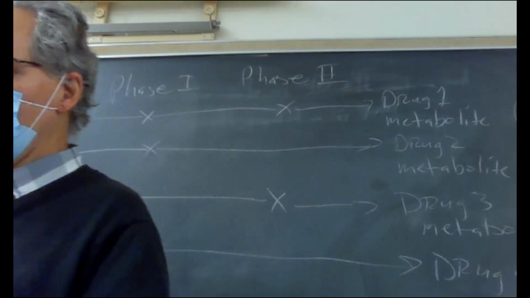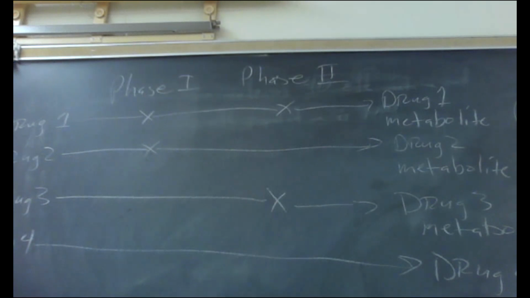Now, if we were to look at the substrates of cytochrome P450 3A4, here's a partial list of substrates of 3A4, all those and all those. So this is the major enzyme for metabolizing drugs. This particular table's not on your handout.